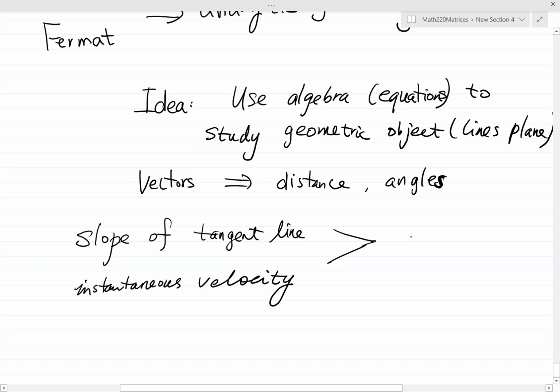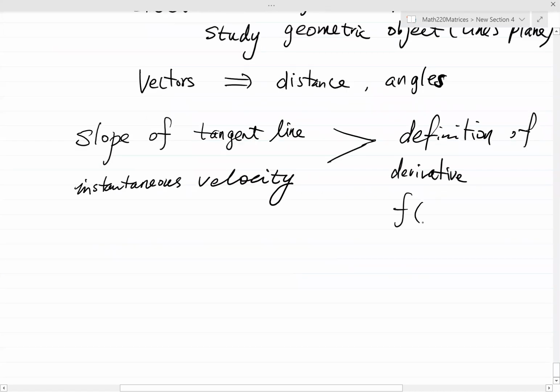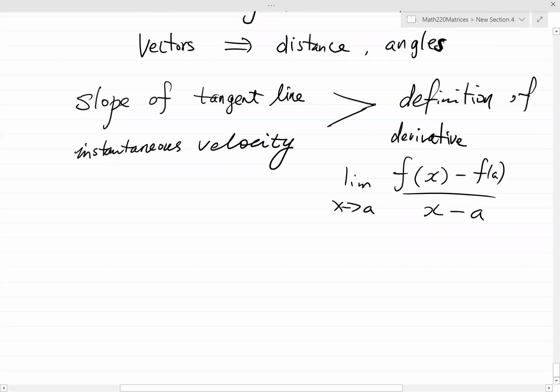This gives the definition of derivative, taking the limit of a certain thing: f(x) minus f(a) over x minus a, limit as x goes to a. That's the derivative. The slope of a tangent line is given by the derivative of the function, and instantaneous velocity is given by the derivative of the position function. So mathematically, that's the same.